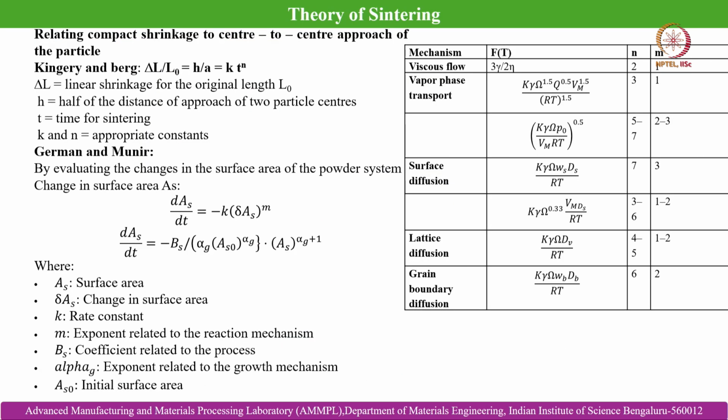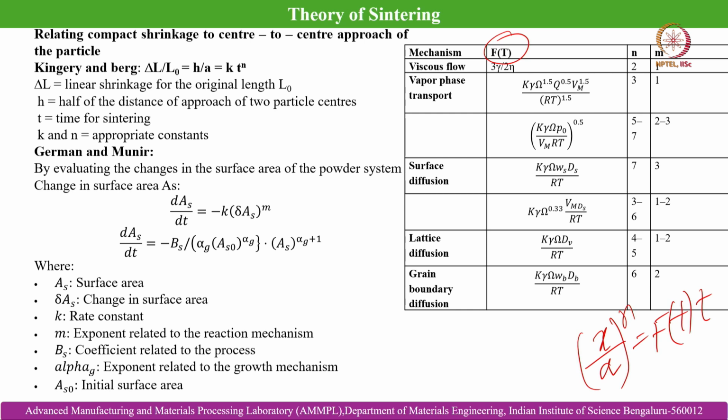So, continuing with that, here this is the function of t. It is basically nothing but x by a to the power n is equal to f of t into t. For different mass transfer mechanisms we have listed in this table the function of t for viscous flow, vapor phase transport, surface diffusion, lattice diffusion, and grain boundary diffusion, and the parameters n and m.